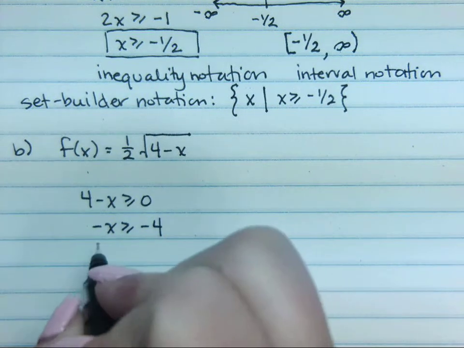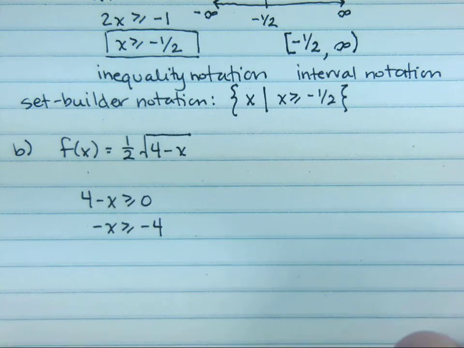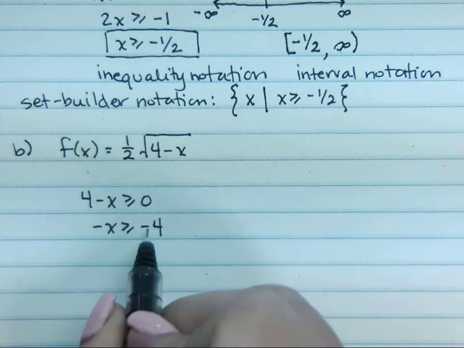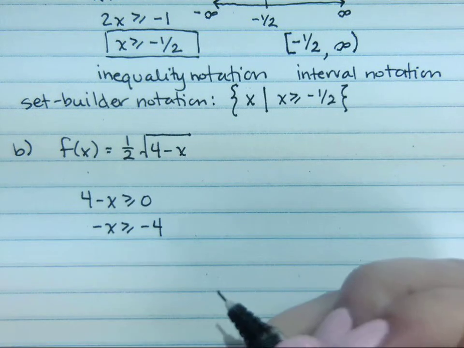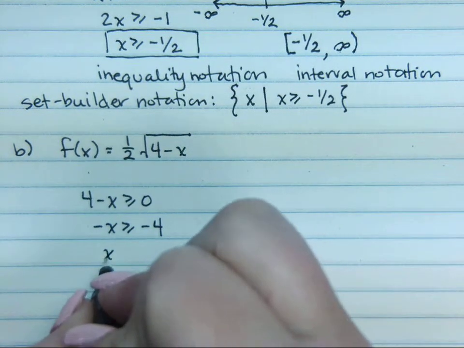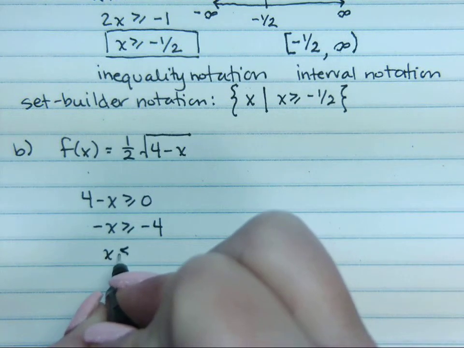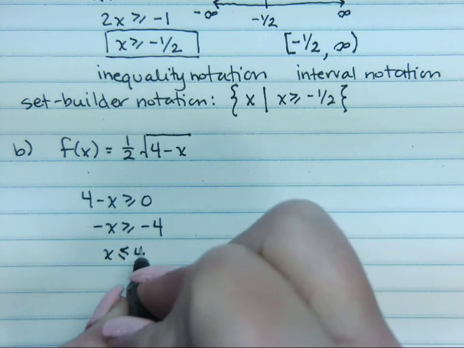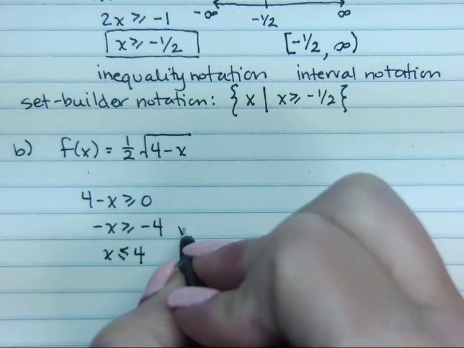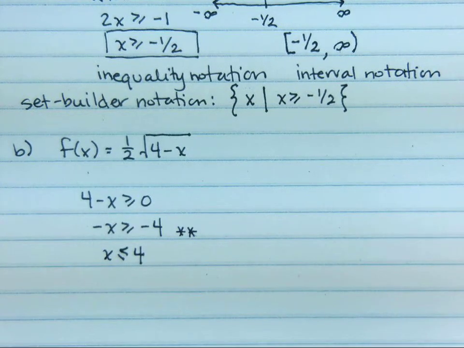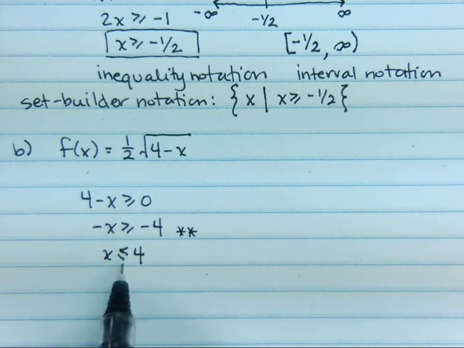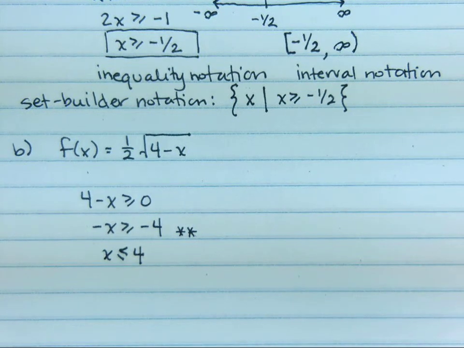And now when I divide by this negative, I have to remember that when you divide by a negative, it flips the direction of the inequality symbol. So when I write this as x, instead of writing it as greater than or equal to, I have to write it as less than or equal to 4. That's a key rule of inequalities: dividing by a negative changes the direction of the inequality symbol.